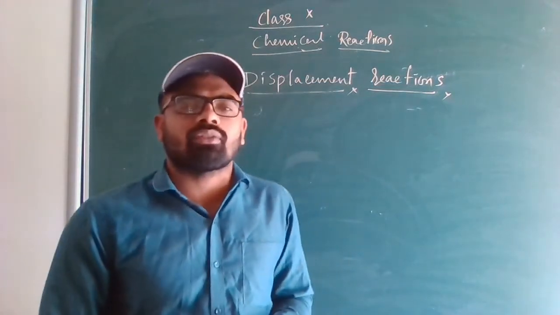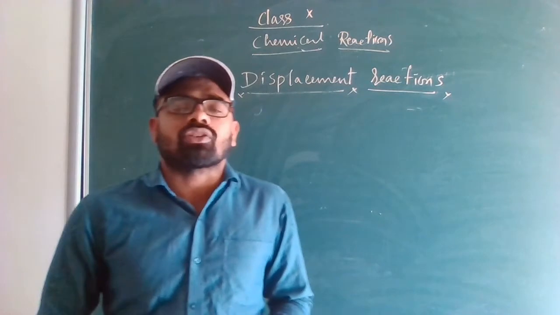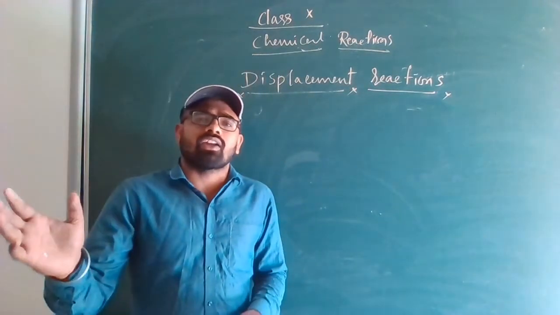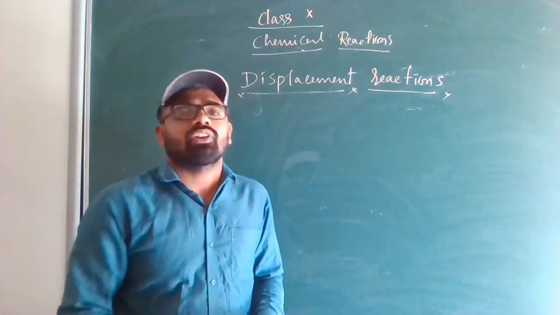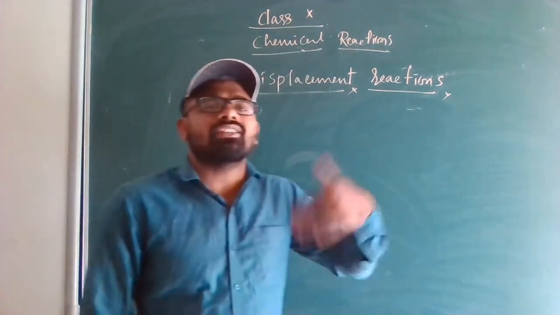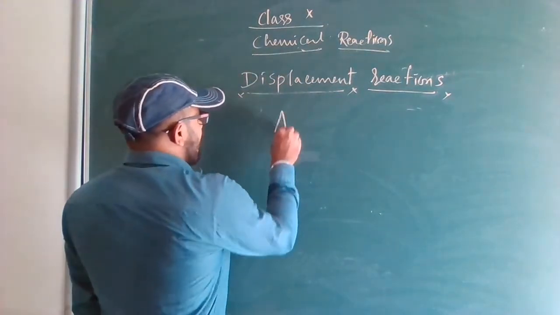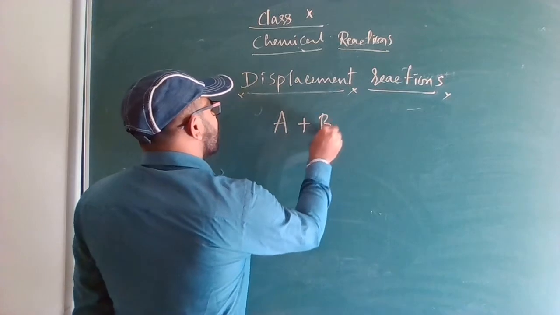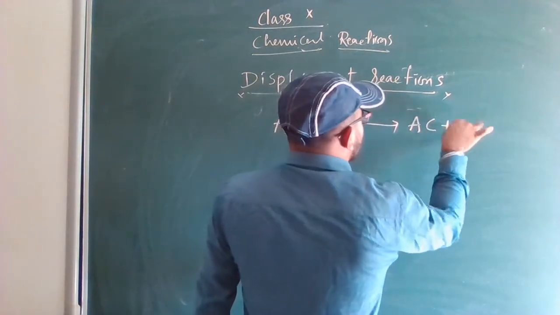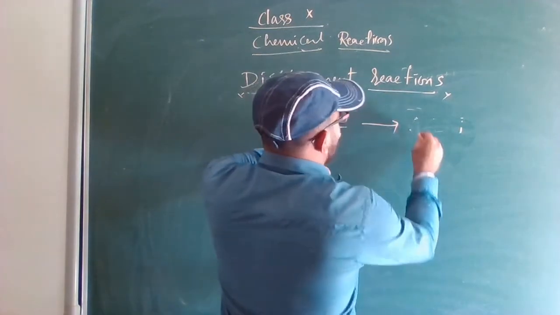A displacement reaction is one in which one atom or set of molecules is displaced by an atom of a different molecule. That means one atom will be displaced by another atom. For example, A plus BC will give AC plus B, where B is going out.